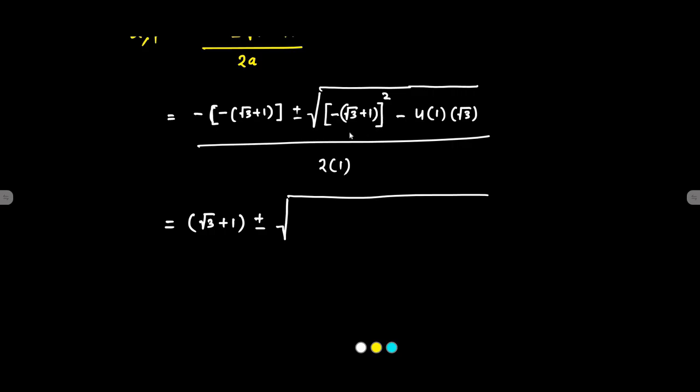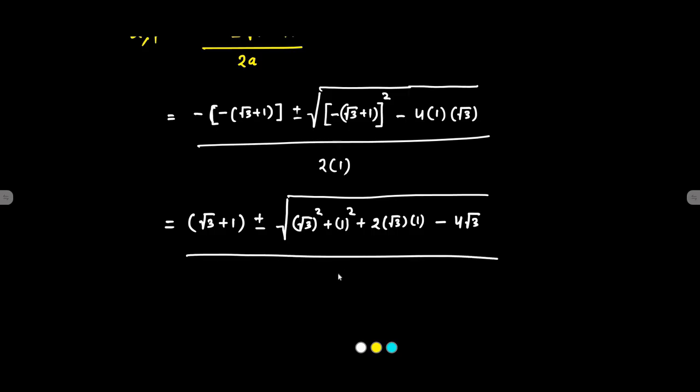Minus 1 whole square is 1, so this is root 3 plus 1 whole square. Root 3 plus 1 whole square is equal to root 3 square plus 1 square plus 2 into root 3 into 1, a plus b whole square simply, and then minus 4 root 3 by 2.